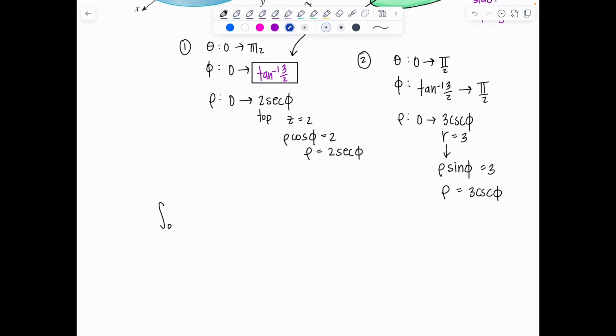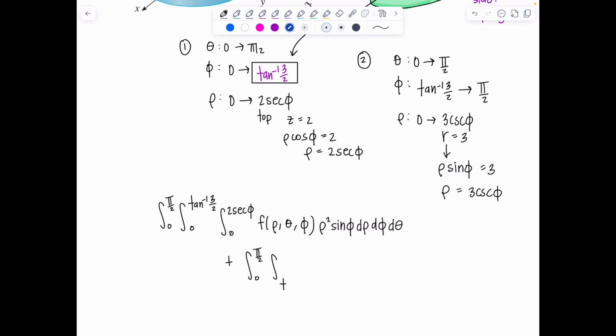So we have 0 to pi over 2, 0 to tan inverse 3/2, 0 to 2 secant phi, f of rho theta phi, rho squared sine phi d rho d phi d theta, plus 0 to pi over 2, tan inverse of 3/2 up until pi over 2, and then 0 to 3 cosecant phi, f of rho theta phi, rho squared sine phi d rho d phi d theta.